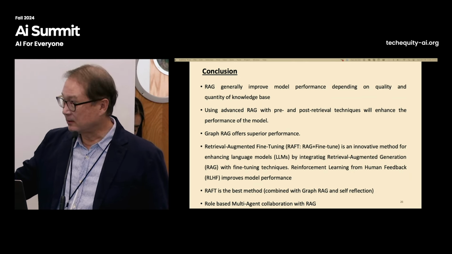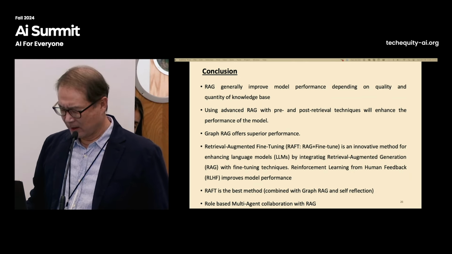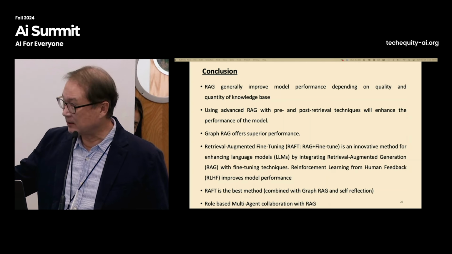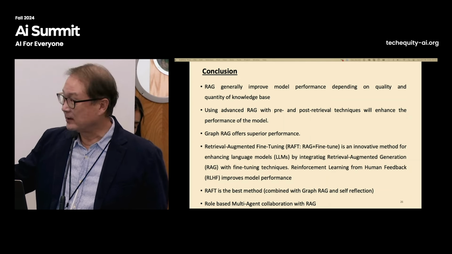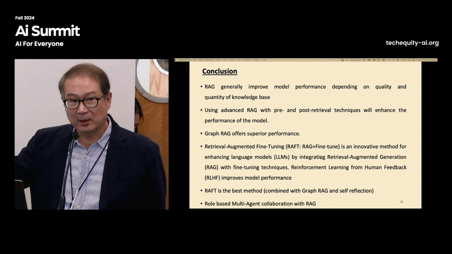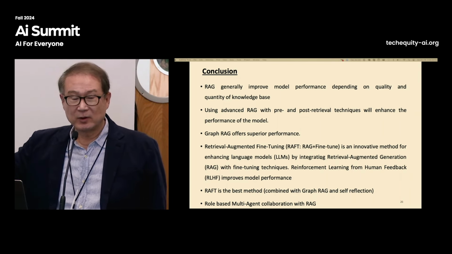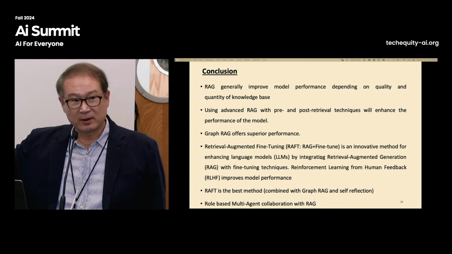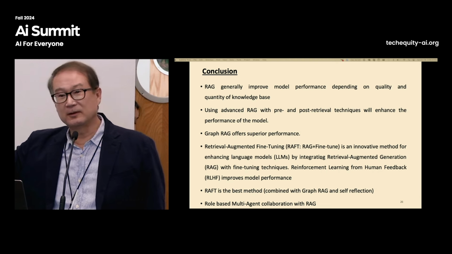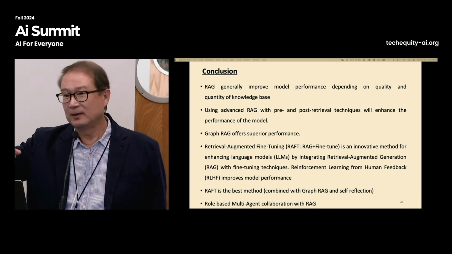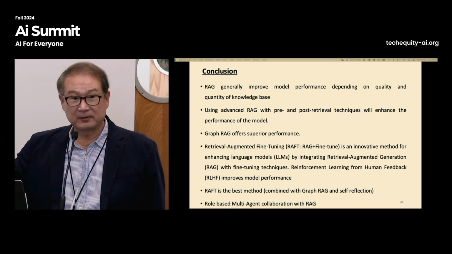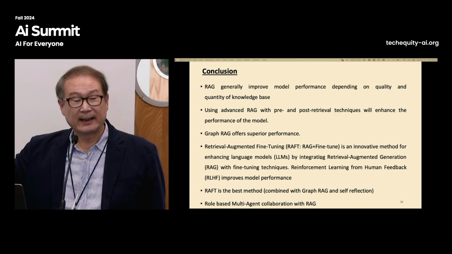So this is the study that we did. And the future work is role-based multi-agent collaboration with RAG. So this RAG we build, you can apply that as an agent. So each of the RAGs will have certain roles, certain domains. For example, someone is a product manager, someone is a CEO, someone is programmers, and they have different roles, and they have their own domain knowledge.